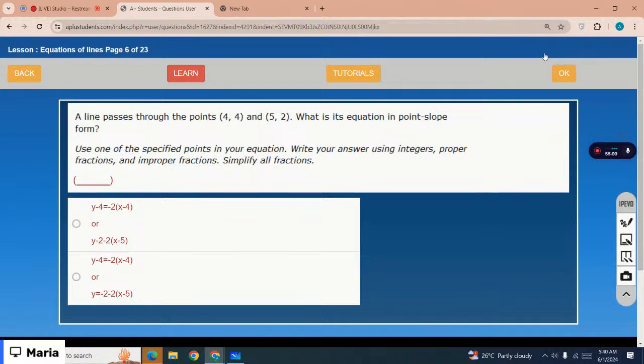A line passes through the point 4, 4 and 5, 2. What is its equation in point slope form?